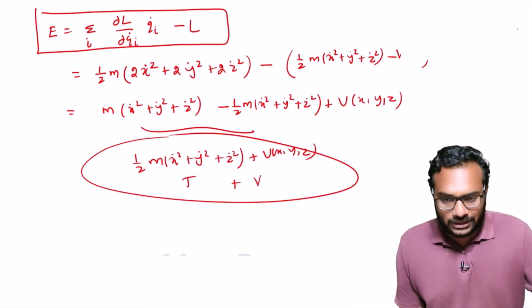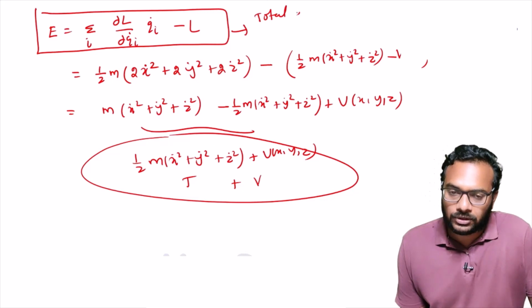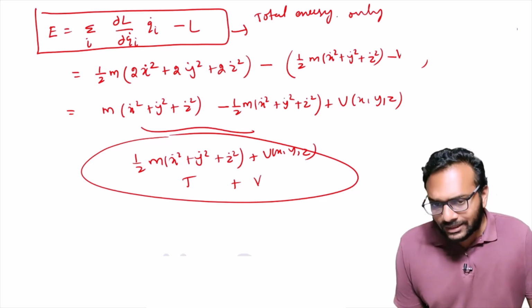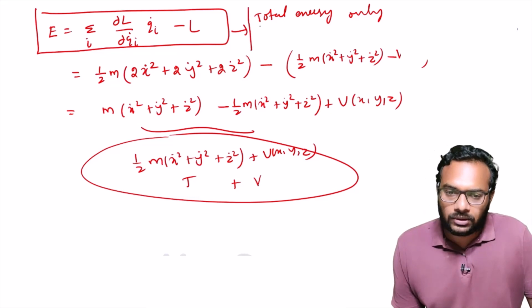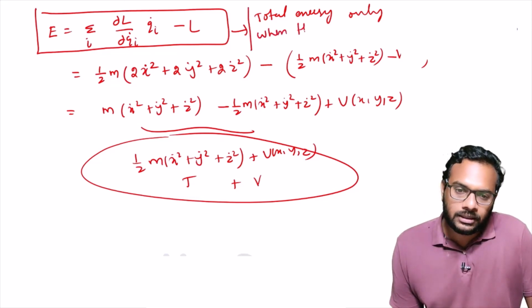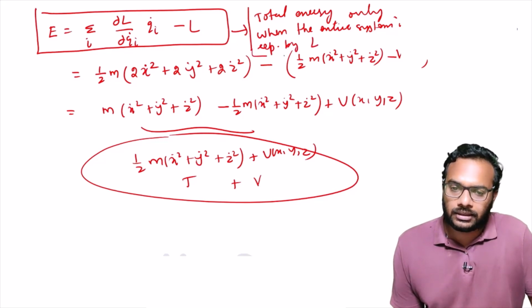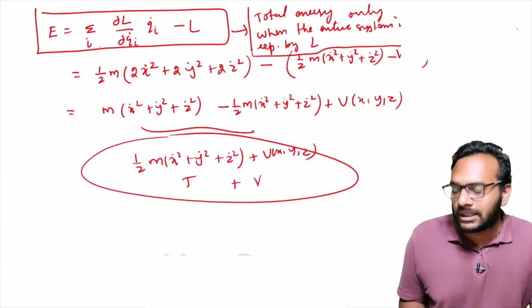The quantity that we are discussing is the total conserved energy of the system only when the entire system is represented by this Lagrangian. So if it's only a part of a system, if it's interacting with something else, then this cannot be the total energy.